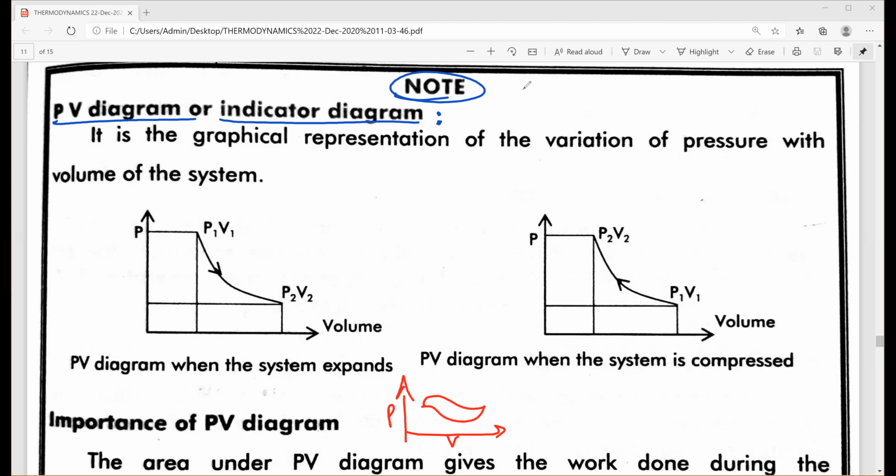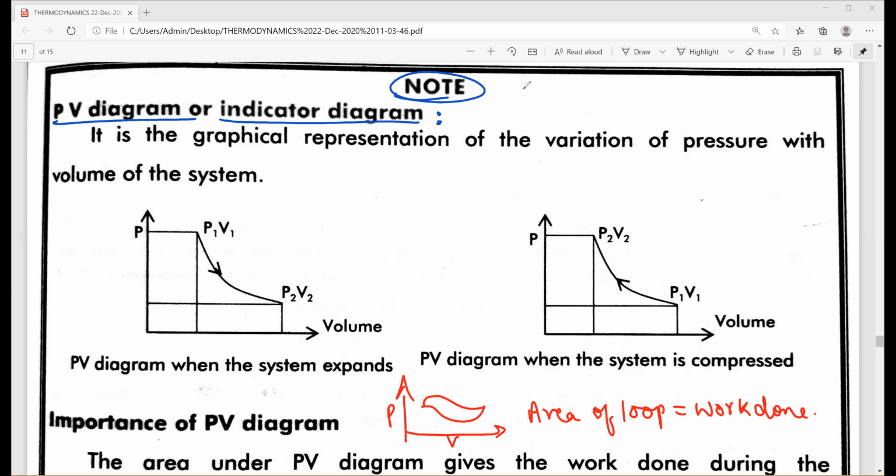So the area of the loop is equal to the work done. Area of loop is nothing but work done. So the importance of PV diagram is that the area under it gives the work done during the thermodynamic process.